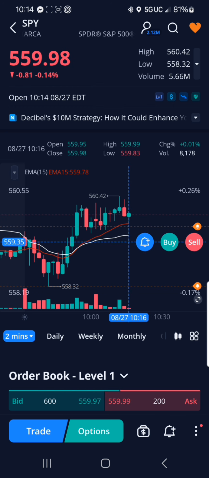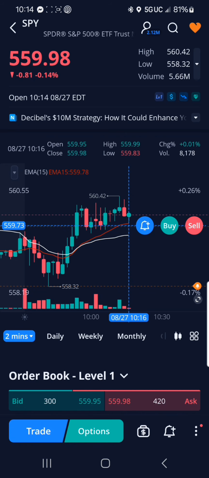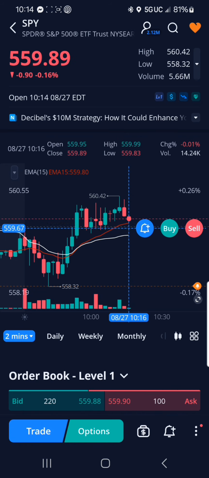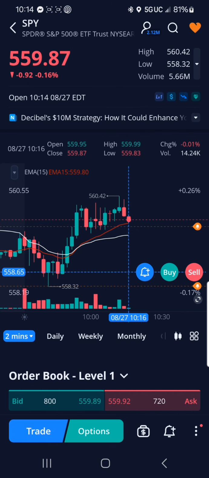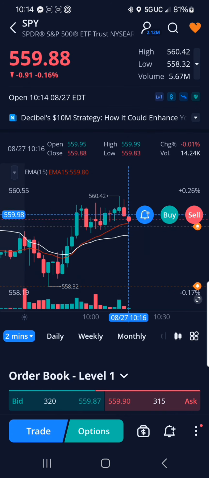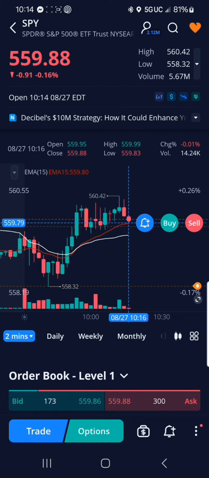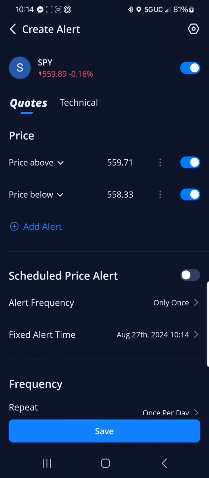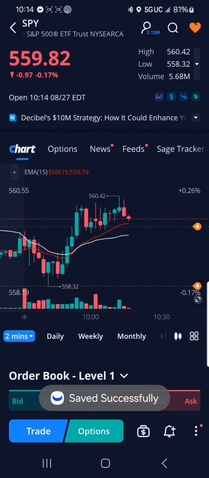The point that I'm going to get out though is right here, which was originally the top of the opening range. This was my low of the opening range, this was my high of the opening range. So what was my high of the opening range, that 559 number? All I'm going to do is come in here and make this below. Now my alert is to go off below that line.